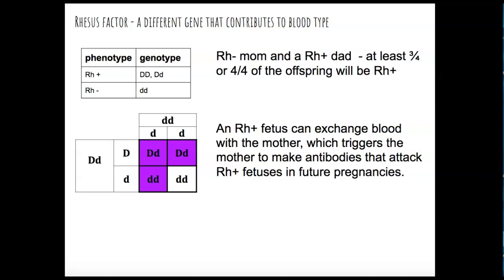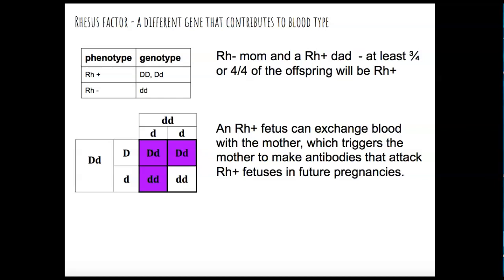The mom in this scenario is homozygous recessive. And so when they have children, we would assume that 50% of their children would also be positive for rhesus factor, and 50% of their children would be negative for rhesus factor.